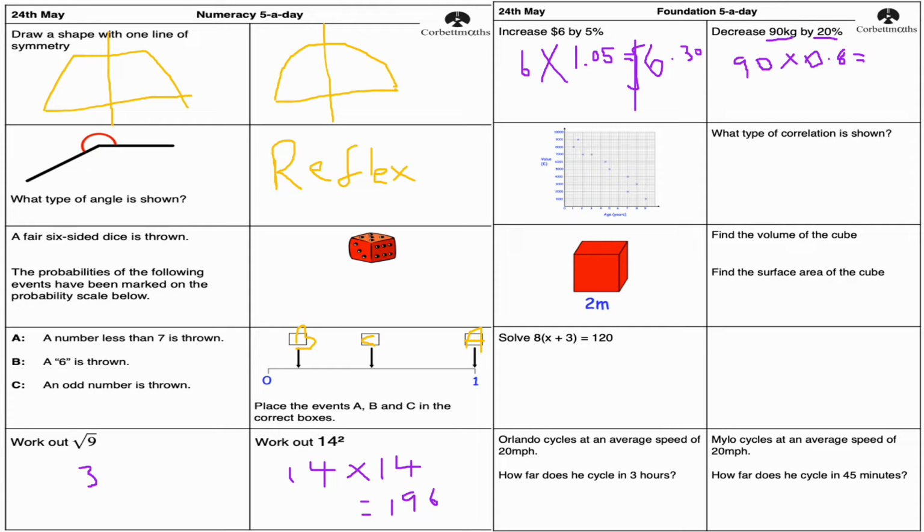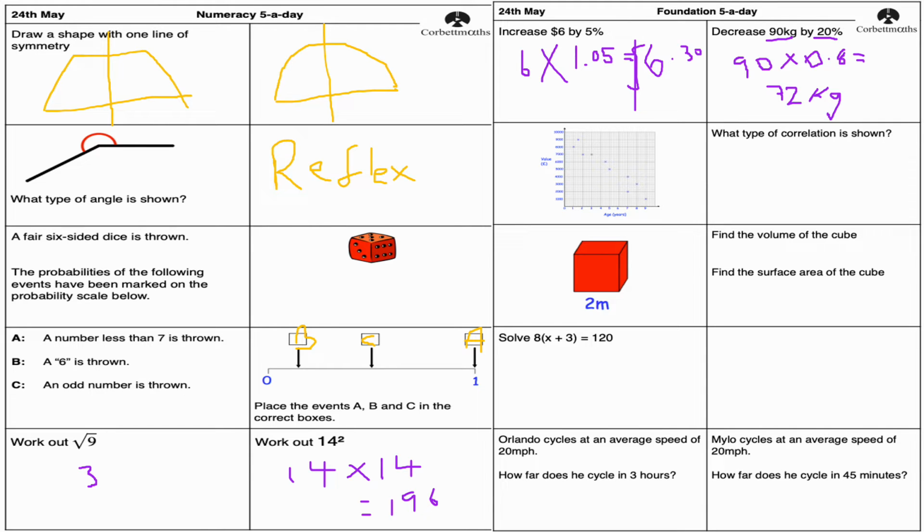Take off 18 from 90, and I get 72 kilograms. Or I can just enter that in my calculator if it is a paper 2 or a paper 3. But if it's a paper 1, then obviously I can't enter that yet.